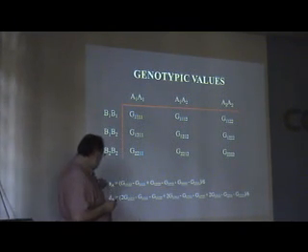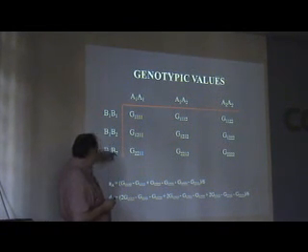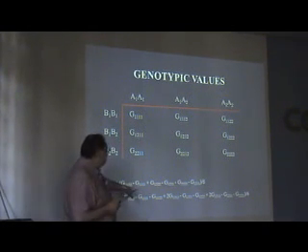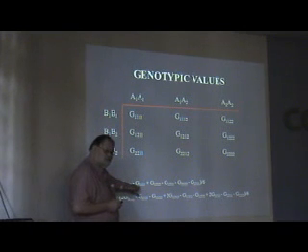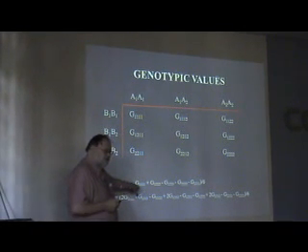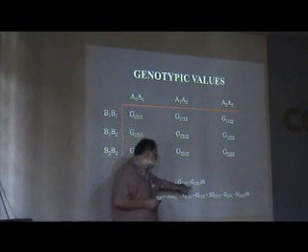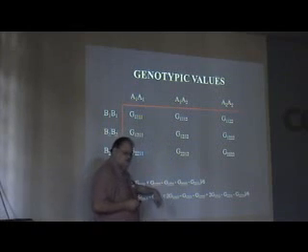Now, when we define our additive genotypic value, we have to define it depending on the B genotype, because you know it's going to change. Here we see the additive genotypic value in the first row at the A locus, in the second row, and in the third row.